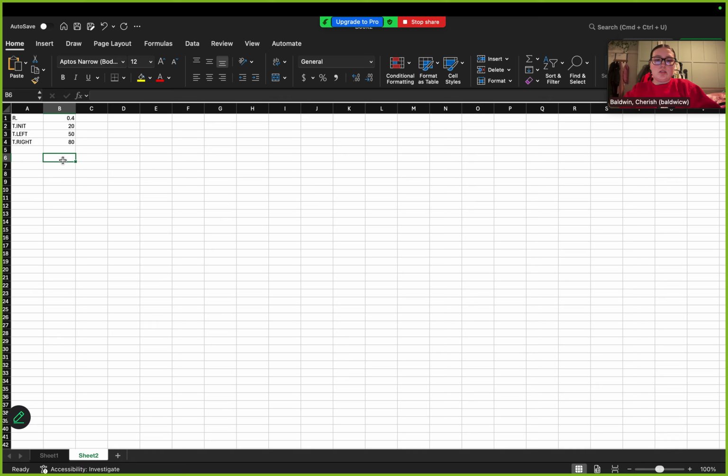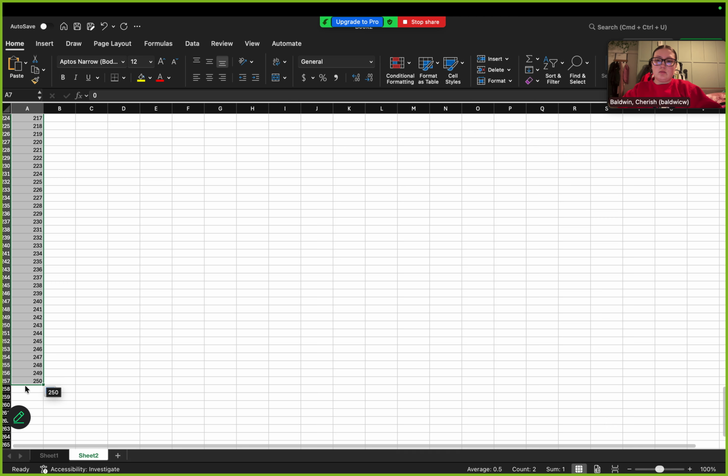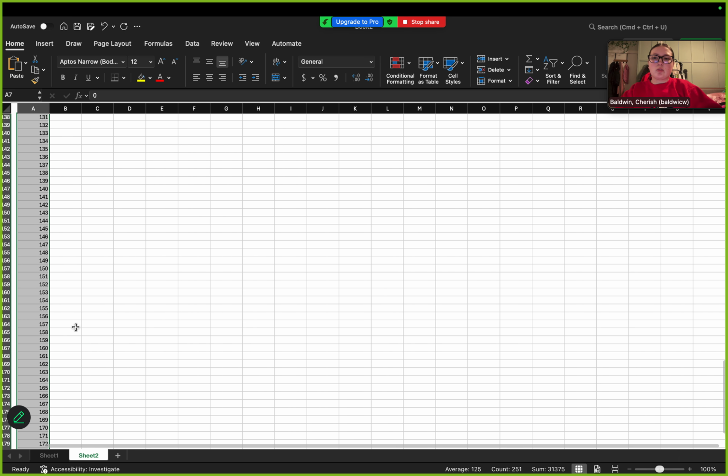Alright, now I'm going to create 10 different heat blocks, and I'm going to go down at least 100 iterations, 250 iterations, doesn't really matter.